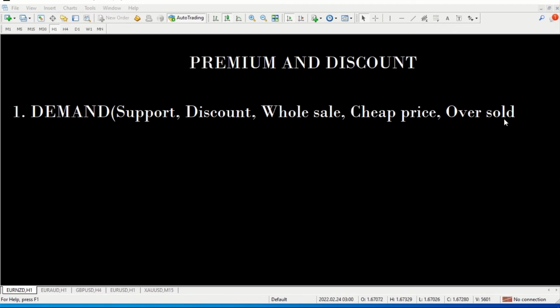Because at this level, the exchange rates are very low or cheap. That's why institutions always buy at support levels, demand levels, wholesale price, cheap price, discount price, and then sell when the exchange rate is very expensive.